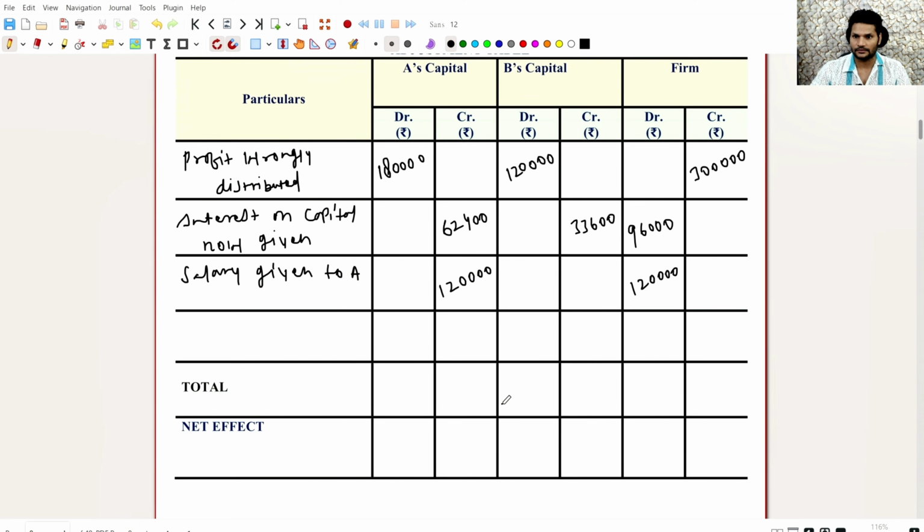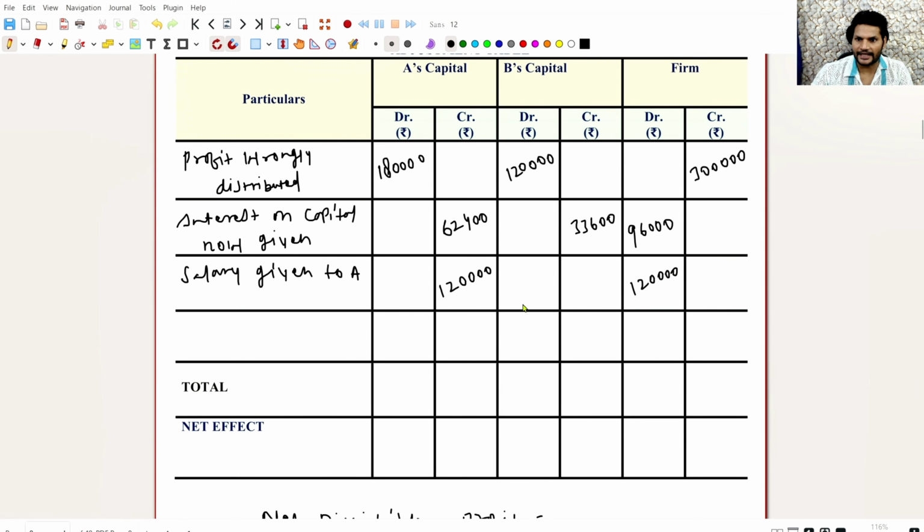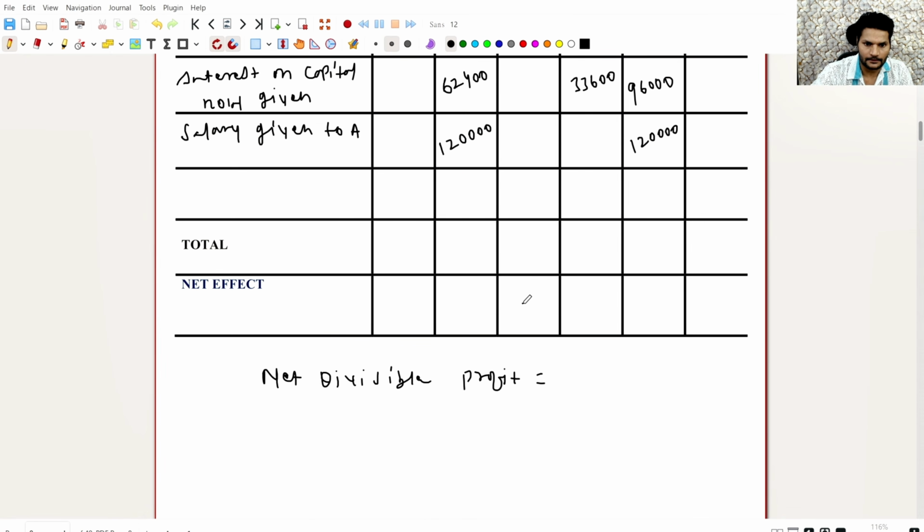Okay. Since we have remaining profit available, that remaining profit will be distributed between A and B in the profit sharing ratio. So let's find out the exact remaining profit. Now, net divisible profit is equal to the credit balance of firm account, that is 3 lakh, less 96,000 and less 1,20,000.